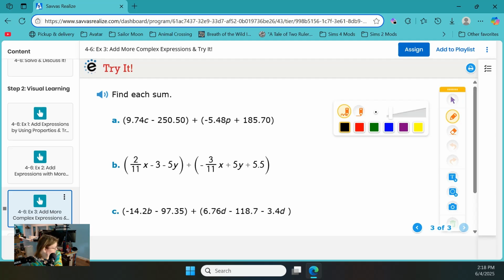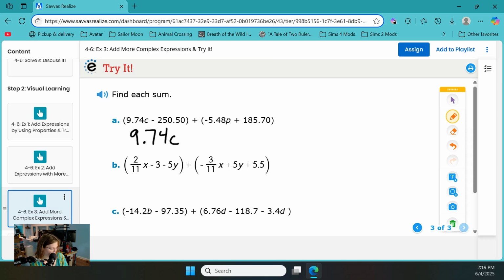So we're trying to find the sum. So let's see. We're already adding the two expressions. I'm going to look for things that are like terms. I'm going to look for like terms. So our first term is 9.74c. I don't see any other c's in the expression. So I'm just going to go ahead and write that one down.